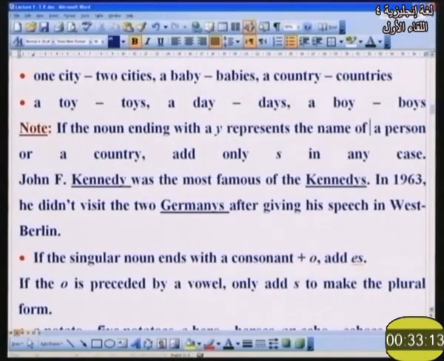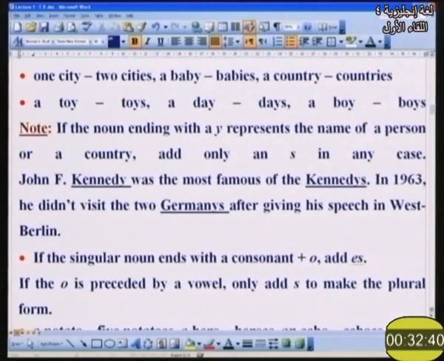This was related to general nouns. But he says if it is a proper noun, هو اسم علم, related to a person or a country, هو اسم مرتبط بشخص أو بمدينة أو بدولة, what will happen? I will ignore these rules. I will not look if it is preceded by a vowel or a consonant. No, we'll just add an S in any case. Only add an S, okay, in any case.